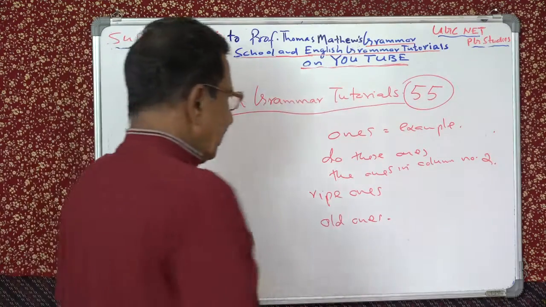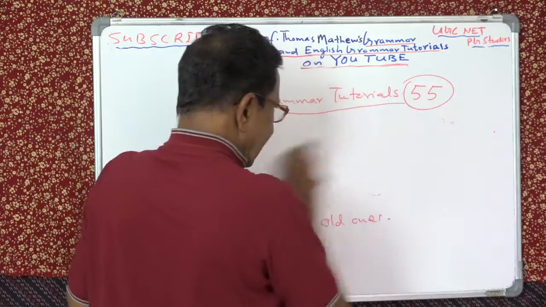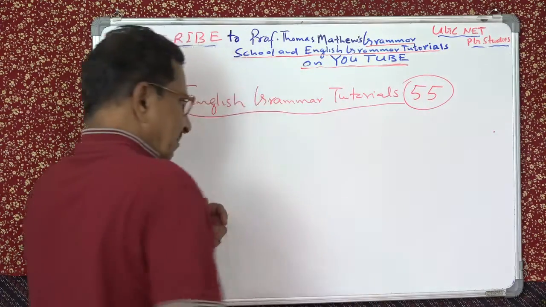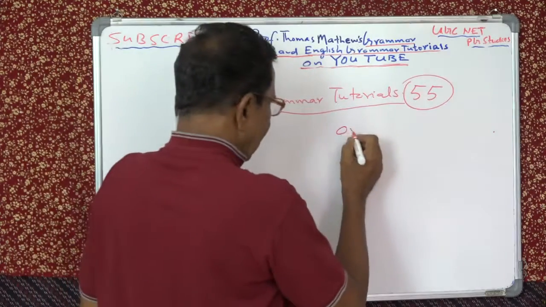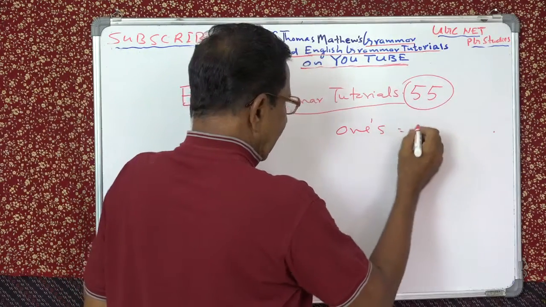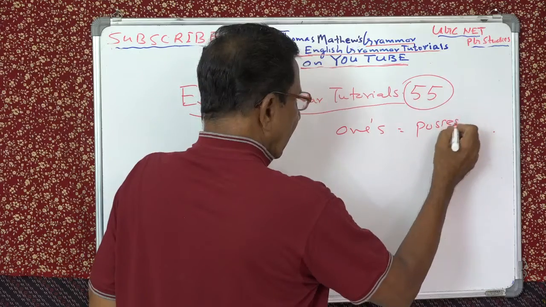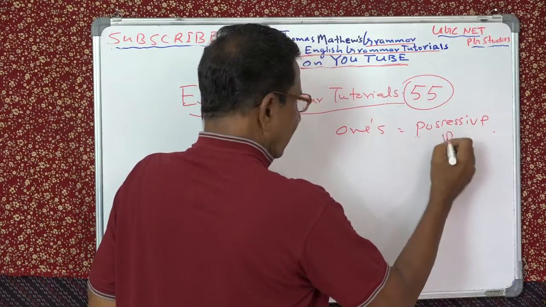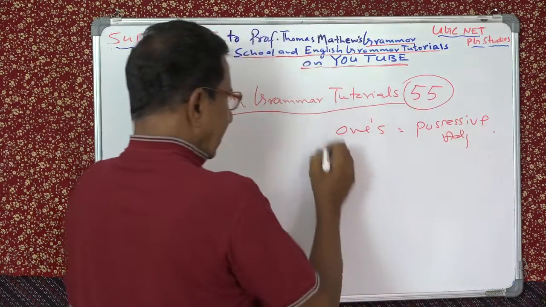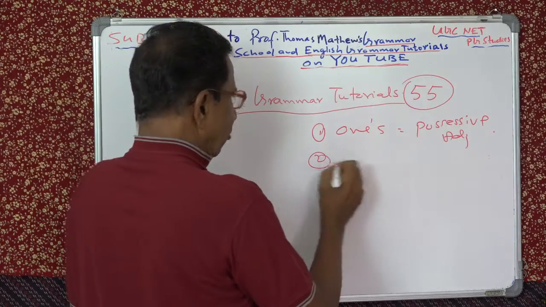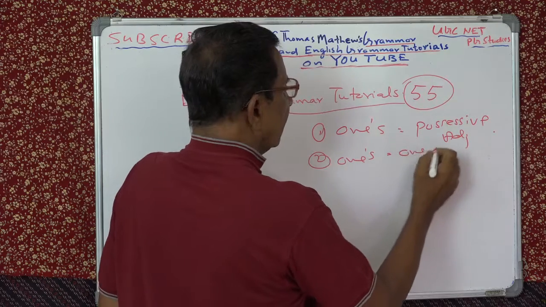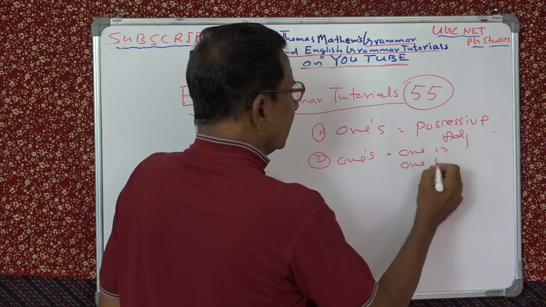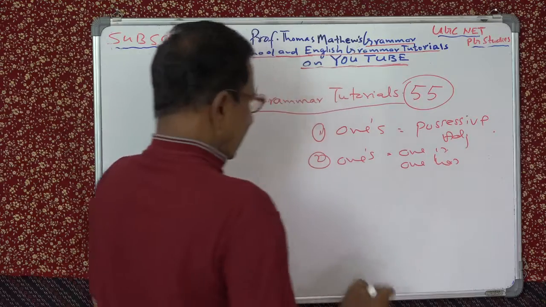Listen. The simple word, but once again I will do this. The word one's, with apostrophe s, is a possessive adjective. That's the first one. Second is once, which could mean one is, one has.